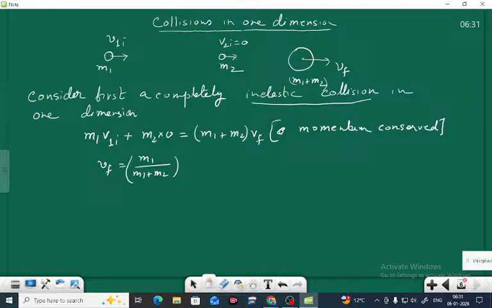The final velocity is m1 divided by m1 plus m2 into v1 initial. This is equation 1. Then find the loss in kinetic energy on collision. In an inelastic collision there is a loss: momentum is conserved, but kinetic energy is lost.